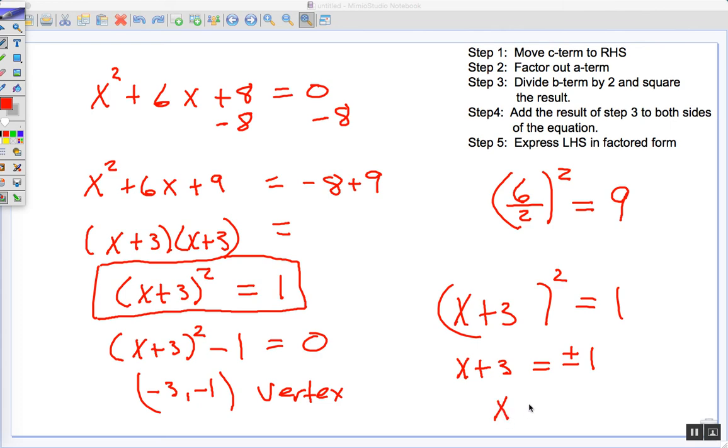So I'm going to follow my algebra rules and subtract 3 from both sides. So x is equal to -3 plus 1, which is -2, and x is equal to -3 minus 1, which is -4. So by putting this in vertex form, we were able to easily identify the vertex and the x-intercepts.